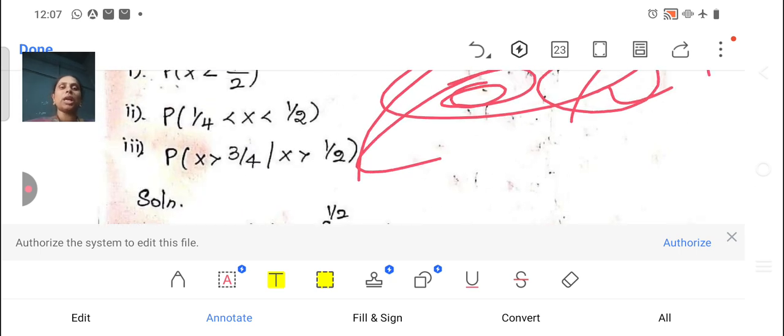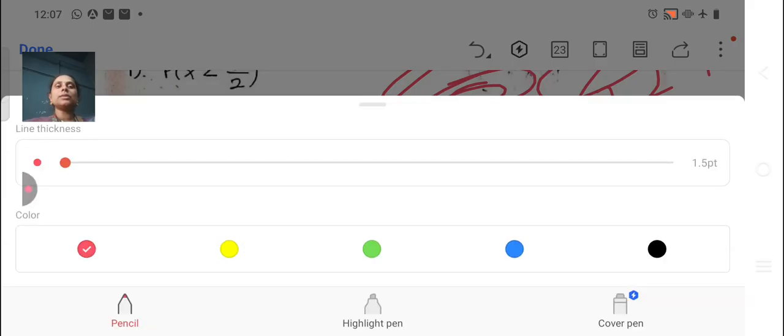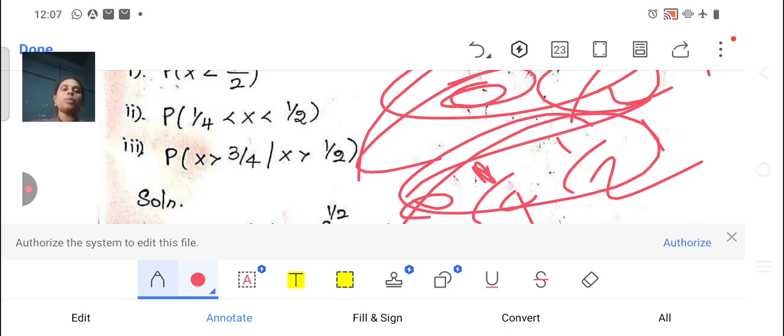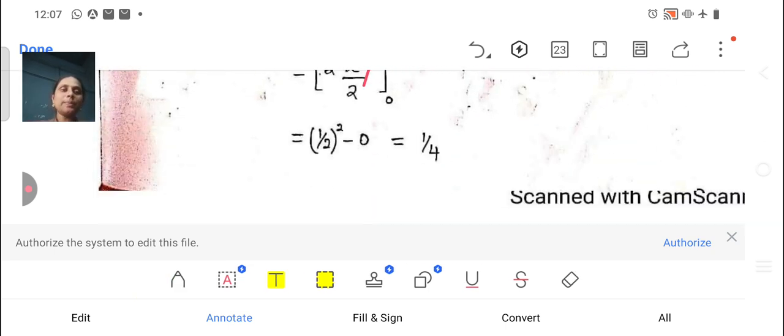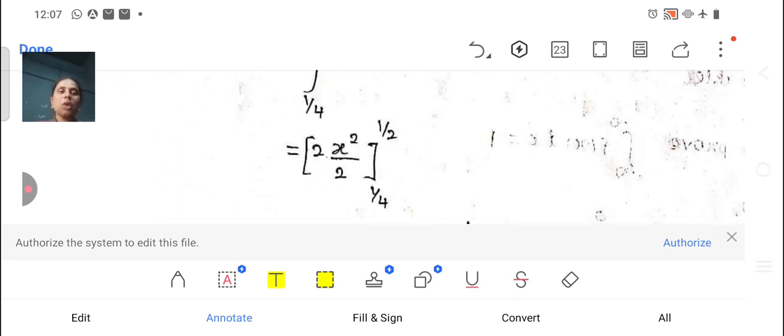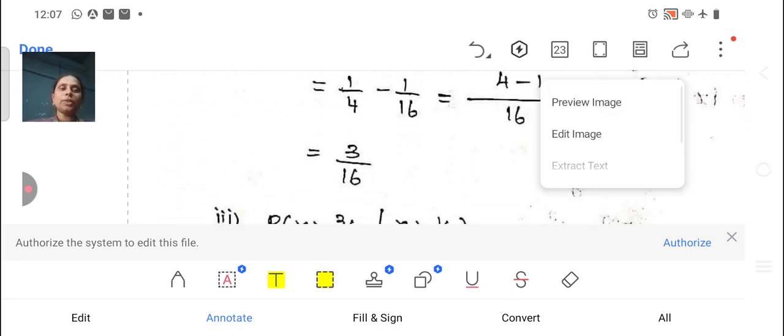Next we check another one: the lower limit is 1/4 and the upper limit is 1/2. After integrating we get the value 3/16.